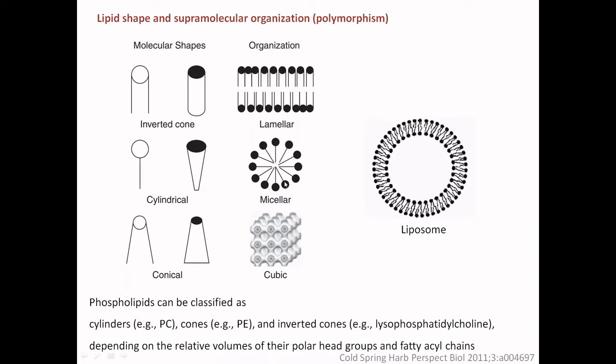Micelle is a monolayer structure. And this is the conical. So in the conical type of the lipid or the phospholipid, you can see the cubic. In the cylindrical type, you can see the micelle. In the inverted cones, or this is bar type, in that case, we can see the lamellar types.